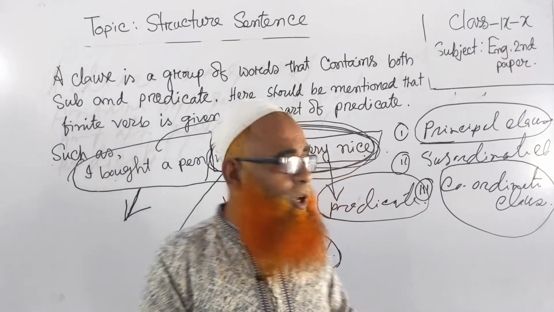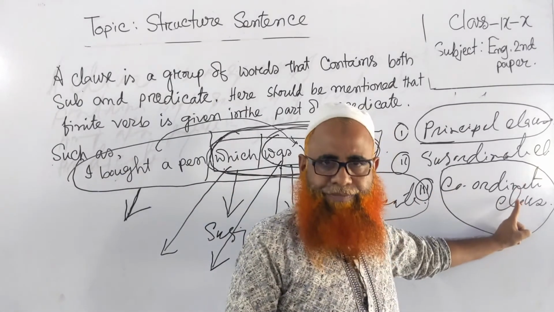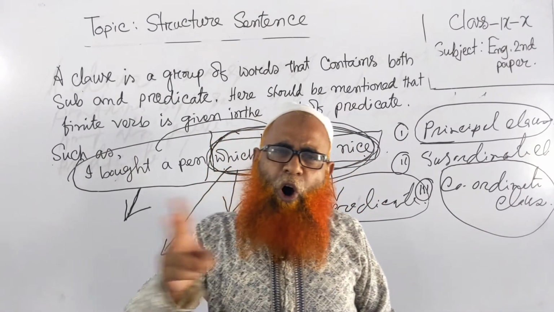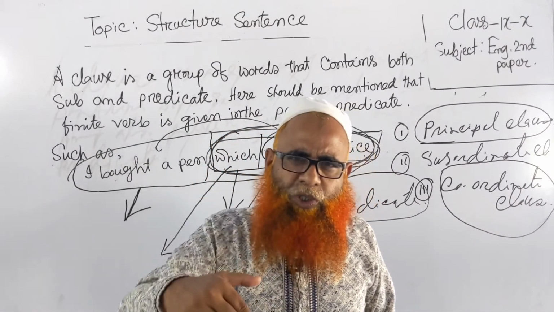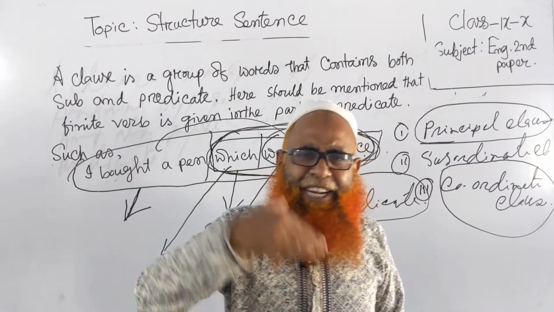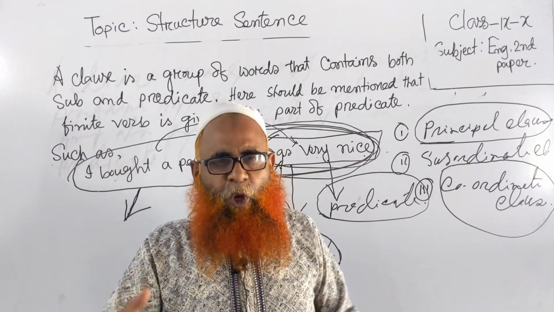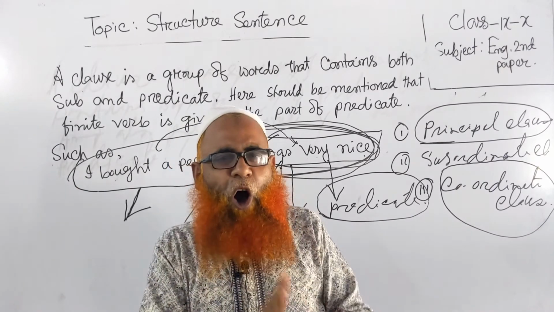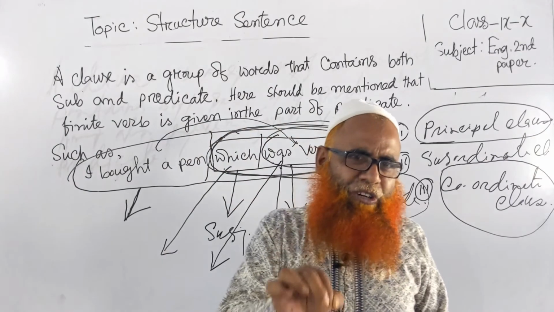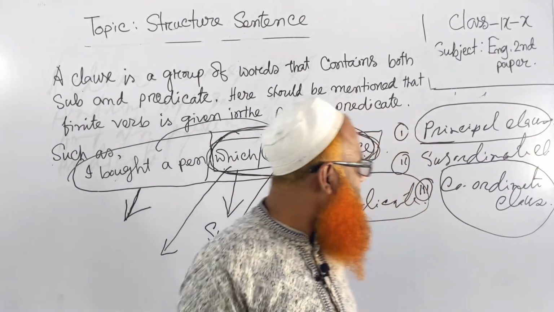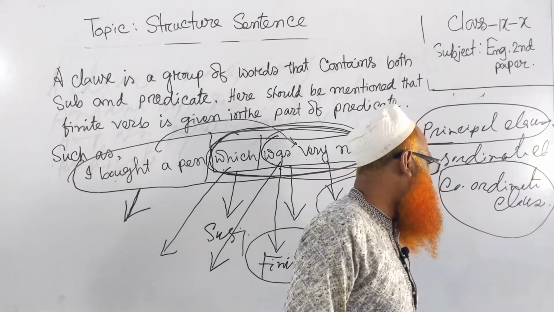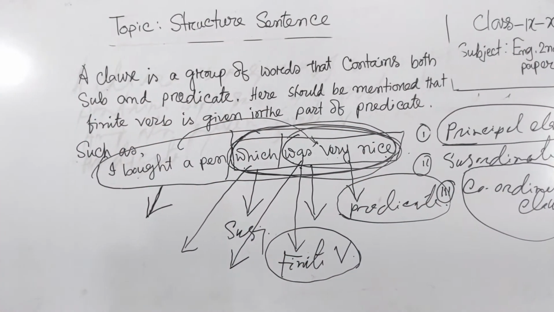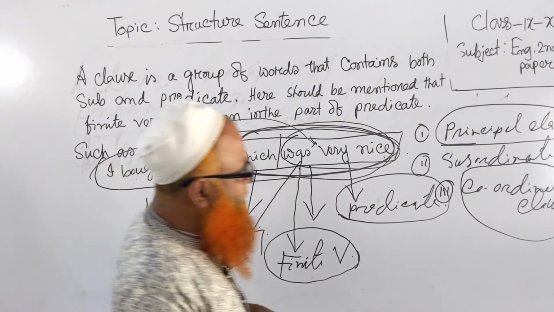Repeat: when two or more principal clauses or subordinate clauses are joined with the use of a coordinating conjunction, it is called a coordinate clause. We came to understand the definition of coordinate clause.